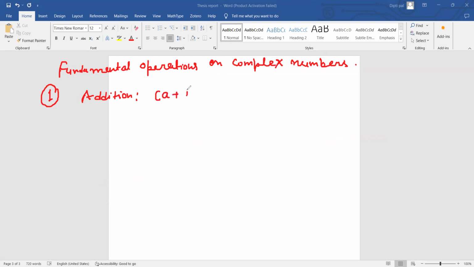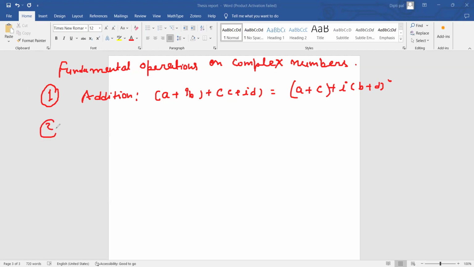One number is a plus ib, the second number is c plus id. Just add the real part with the real part and the imaginary part with the imaginary part. So we get a plus c plus i times b plus d. This is the answer. So it is very easy to add any two complex numbers.